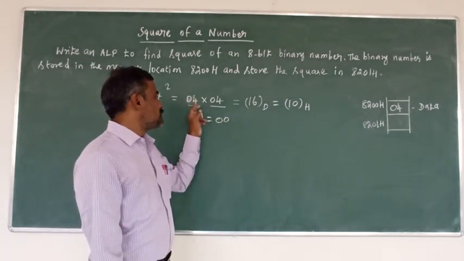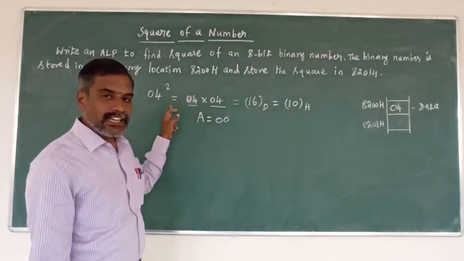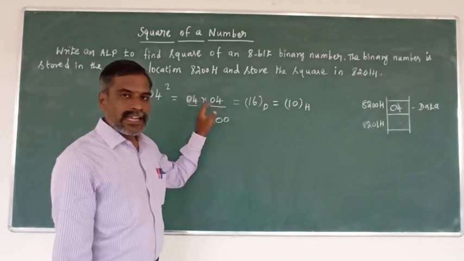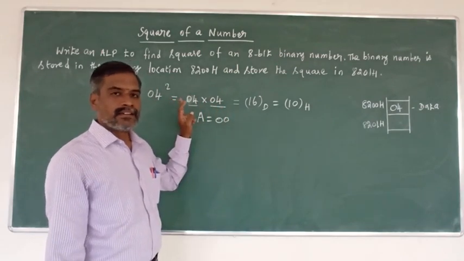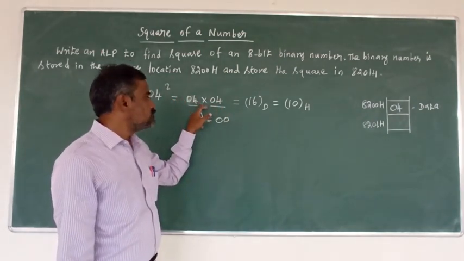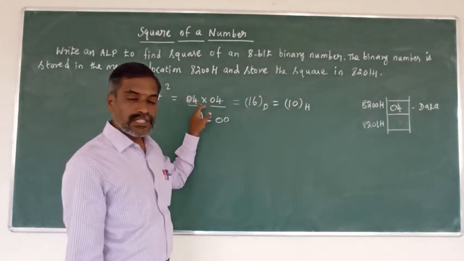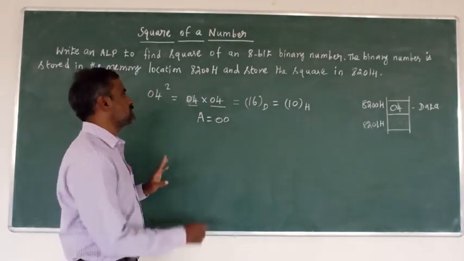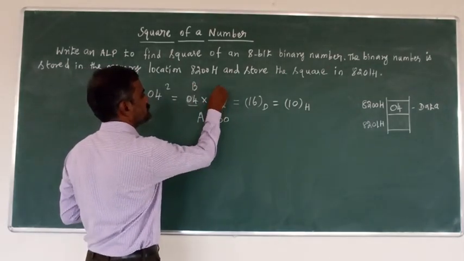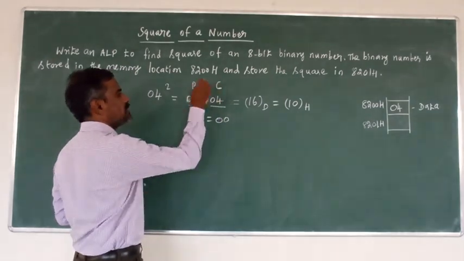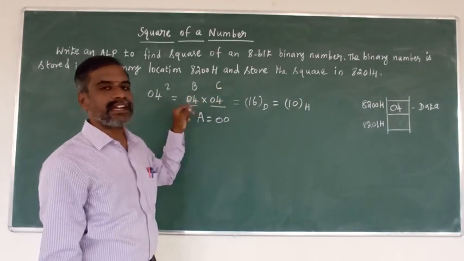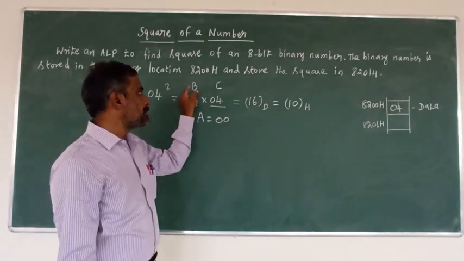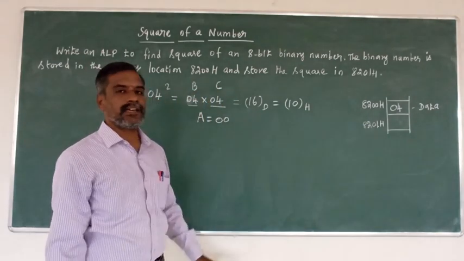Because the square of a given number means multiplying the same number, and for that the multiplication uses repeated addition. This is for one register, suppose the B register, and this is for the C register. We move the same data to two different registers: 04 in the B register and 04 in the C register.